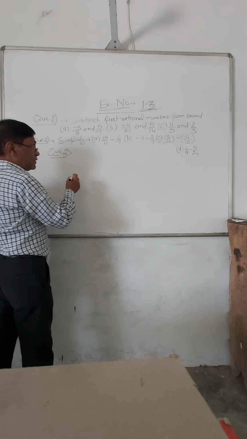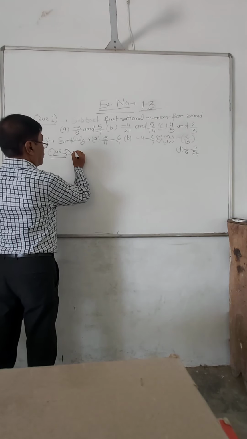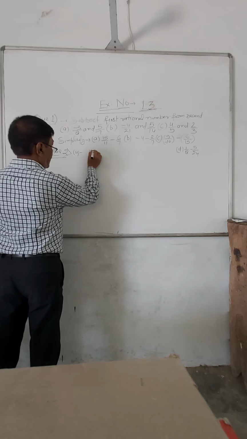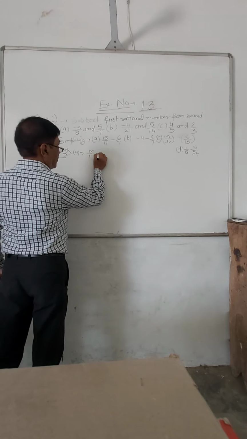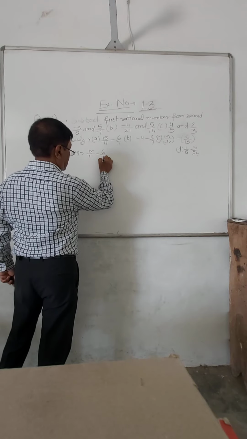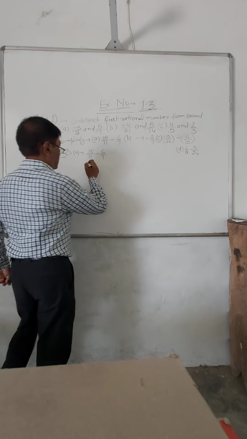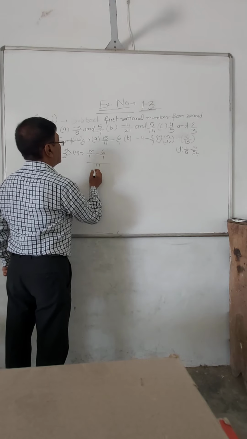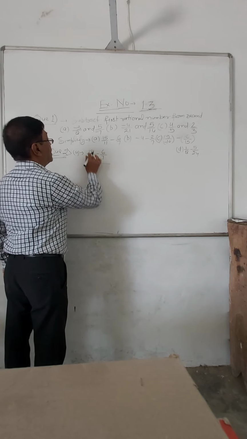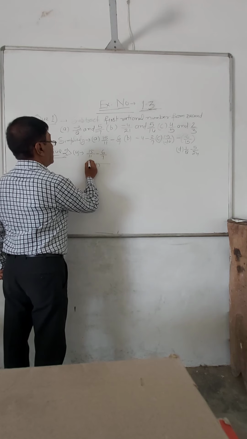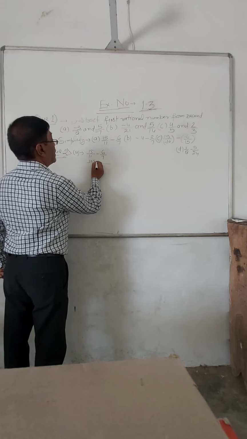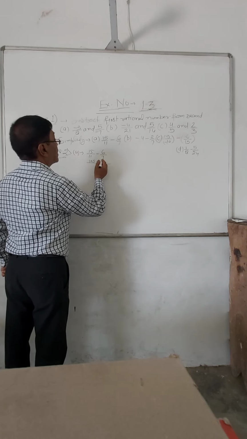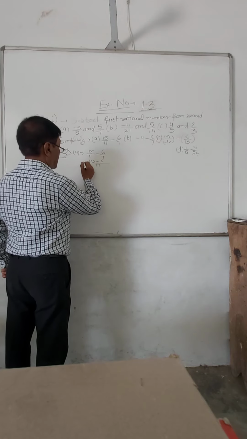Normal subtraction is there. So A: 15 upon 11 minus 6 upon 7. Take the LCM of 11 and 7. It will come 77. 11 times 7 is 77. 15 into 7 is 105, minus 11 times 6 is 66.